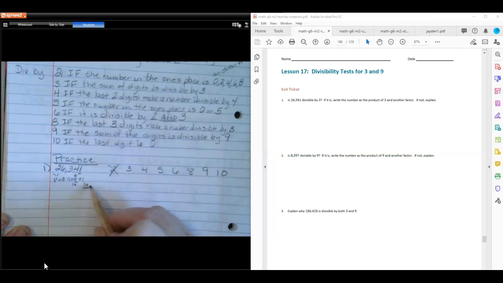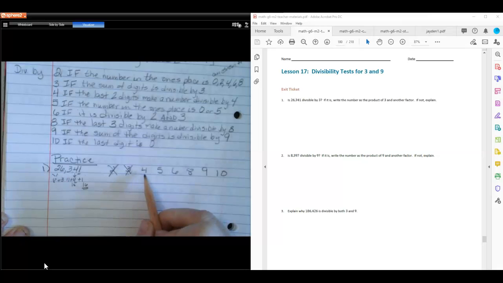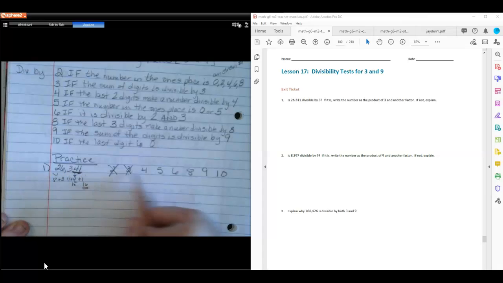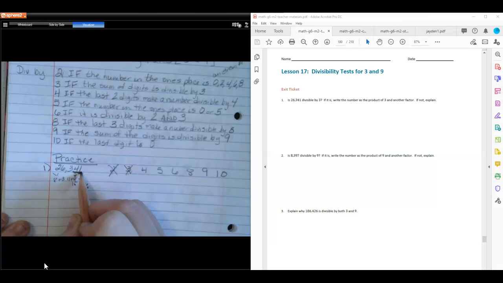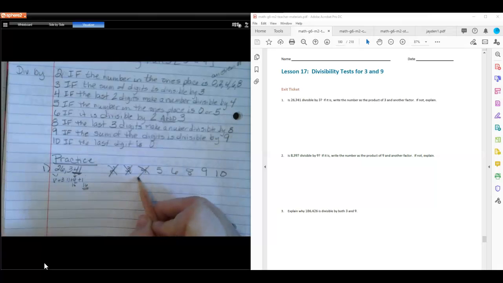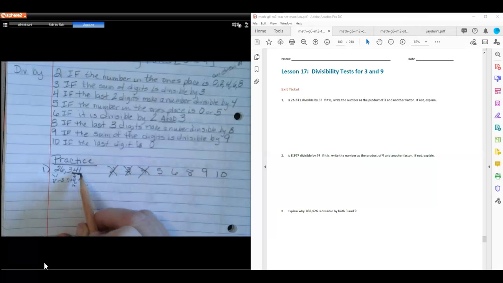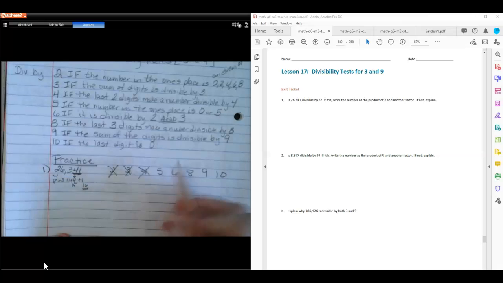Can I divide 16 by 3? No. Now number 4 says if the last 2 digits make a number that can be divided by 4. 41. No. If it were 40, then yes, but no, not 41. 5, the rule says it has to end in 0 or 5. No.